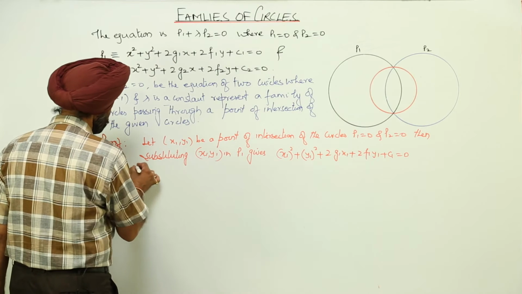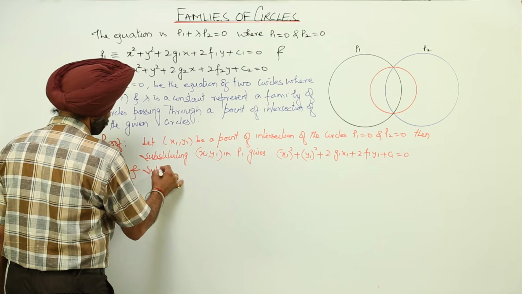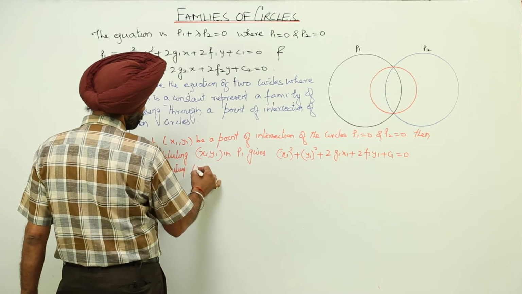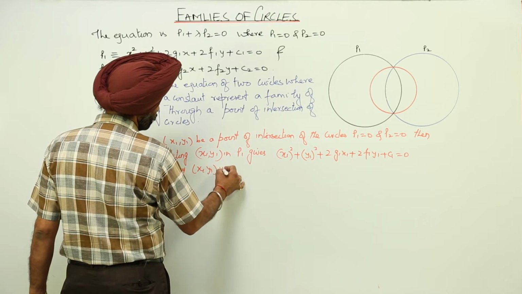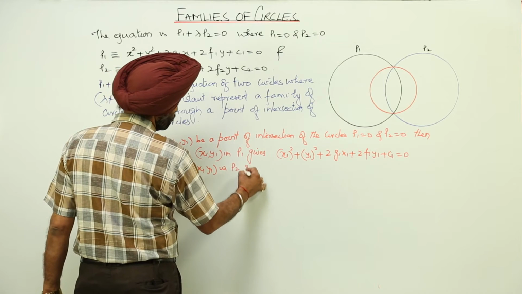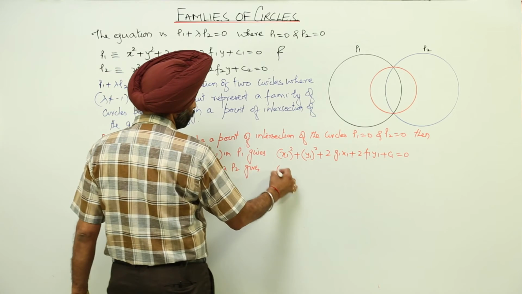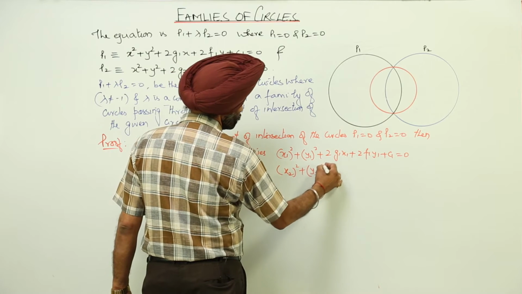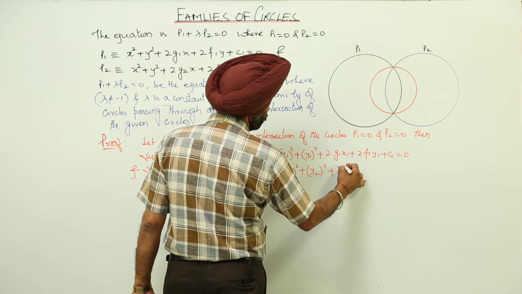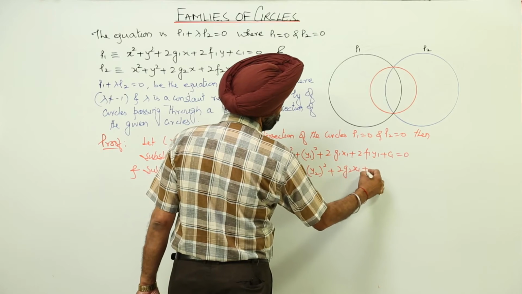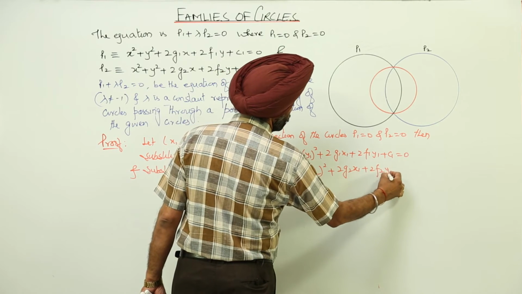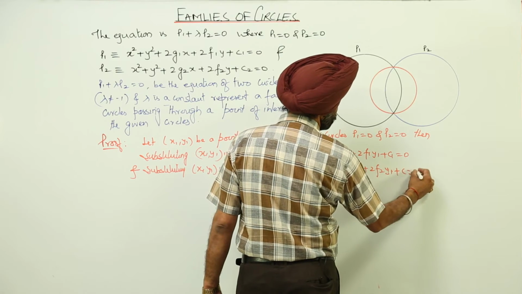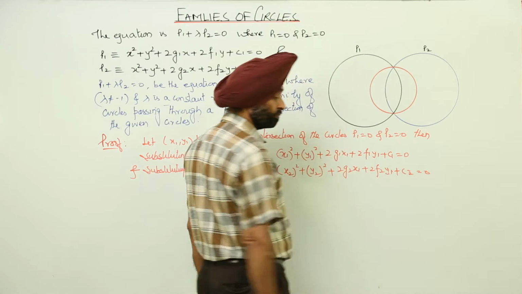and substituting x1, y1 in P2 gives x1 square plus y1 square plus twice of g2 x1 plus twice of f2 y1 plus c2 is equal to 0.